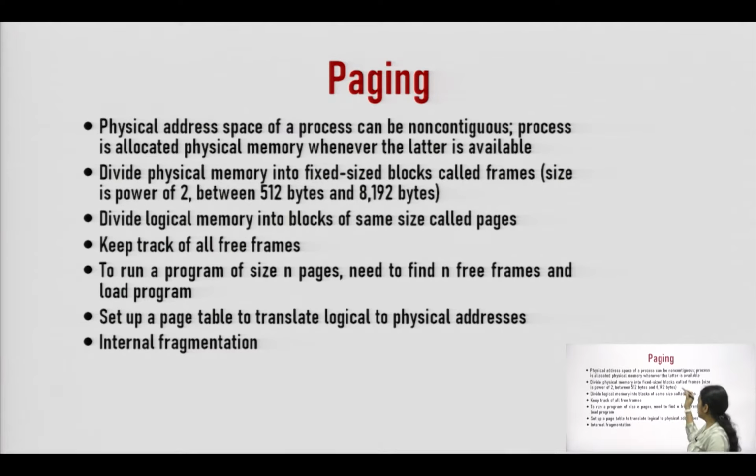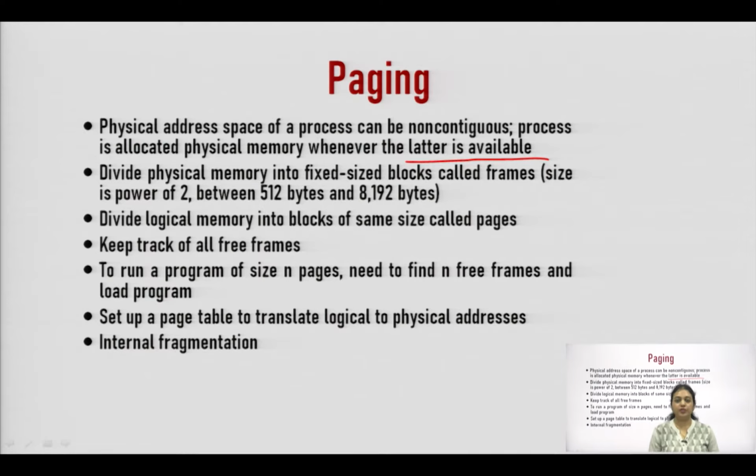So, when memory is available, at that time we allocate it to the particular process. So, here we have two address spaces. We have the logical address space that is generated by the CPU, and another one is the physical address space where the process is actually stored, right.